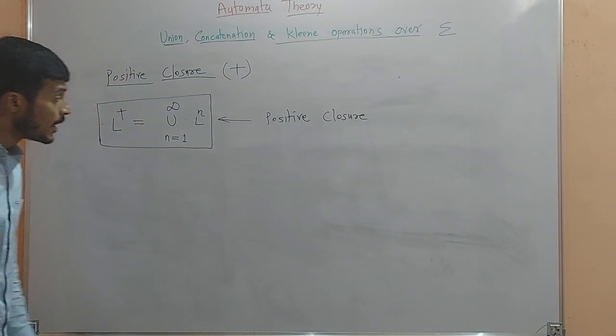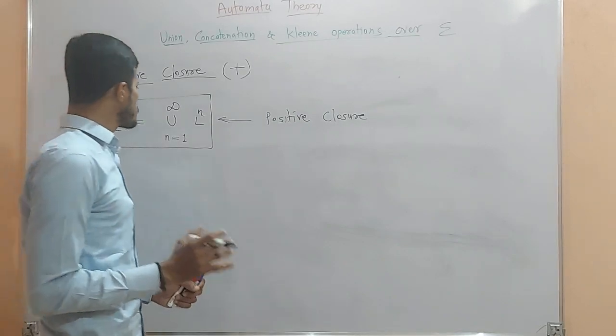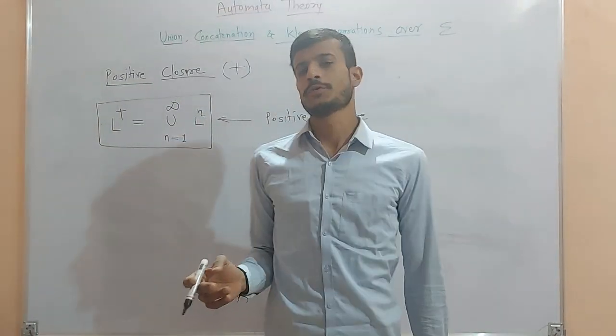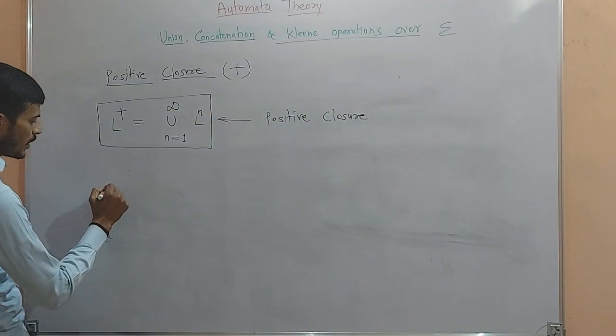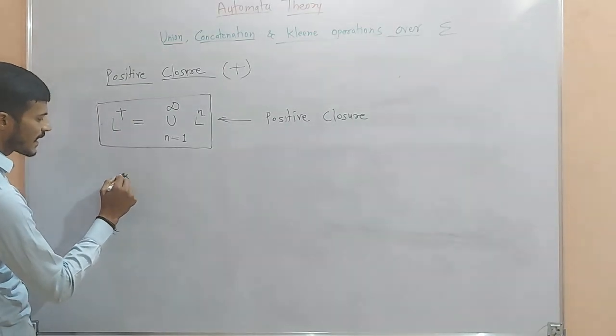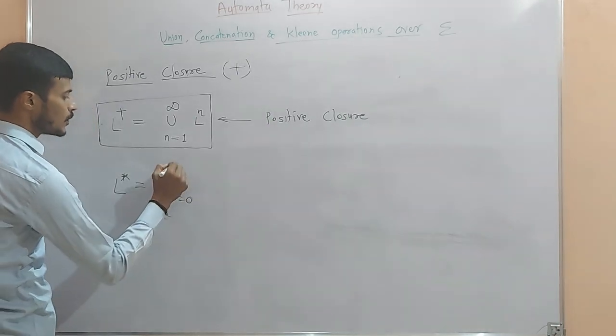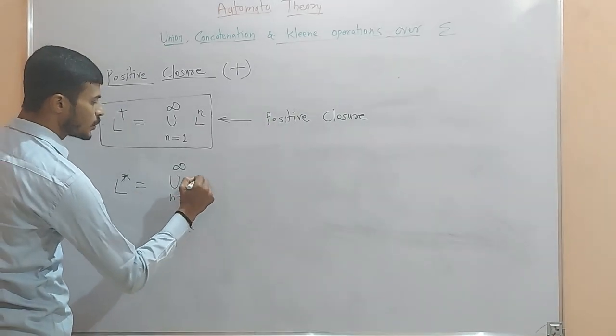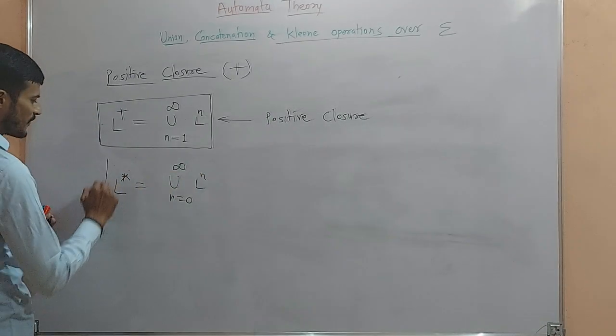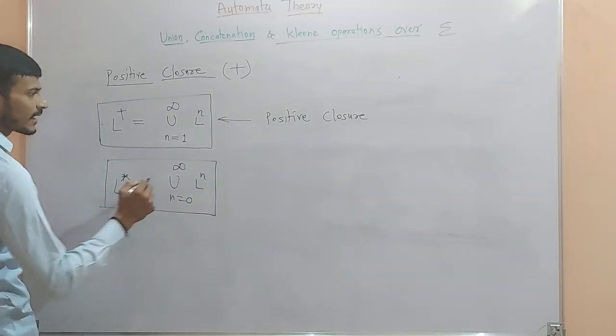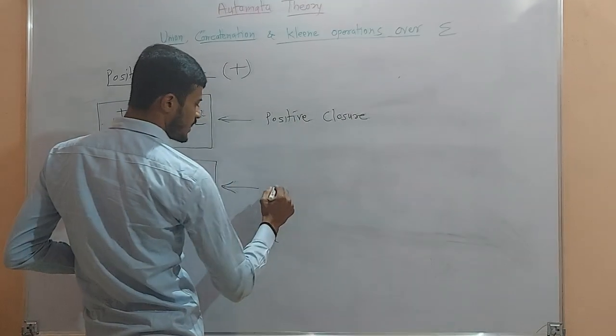Okay, fine. Now, what is the difference between Kleene closure and positive closure? Previously, I have mentioned L star, which is equal to the union of L raised to n, for n equals 0 to infinity. So, what is the difference? You can clearly get the idea here.